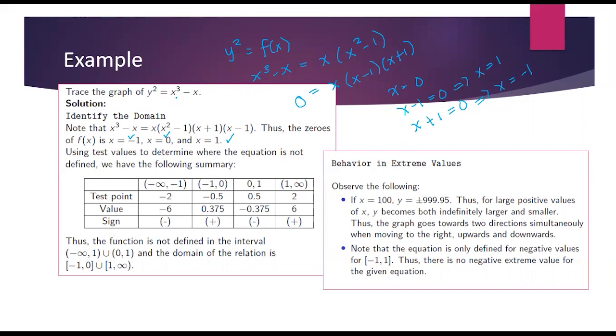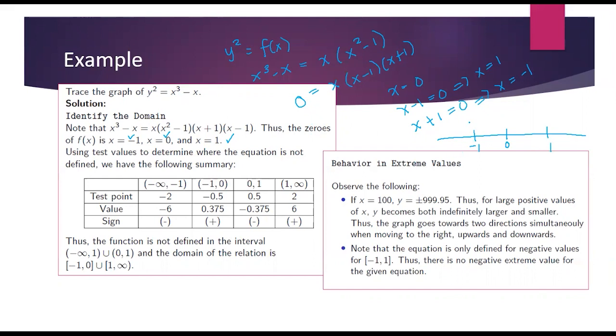to avoid imaginary numbers. So now if I'm going to draw a real line here and then locate these values, we have here 0, this is negative 1, and this one is positive 1.